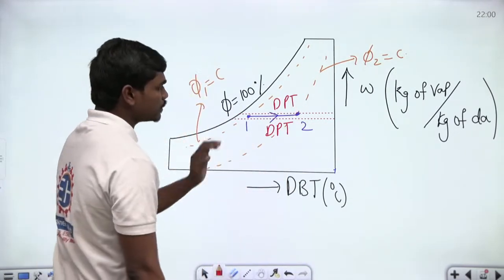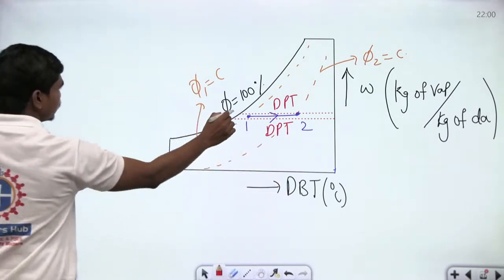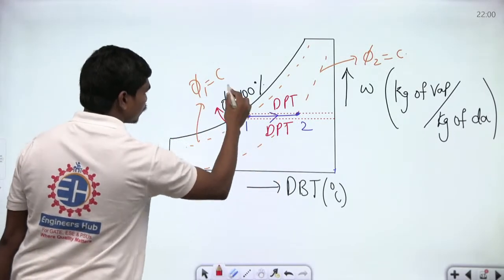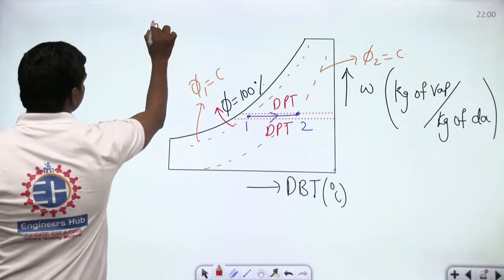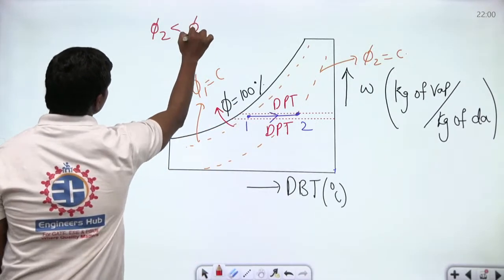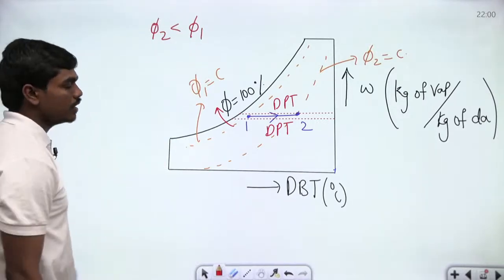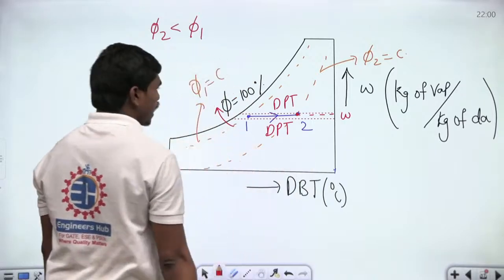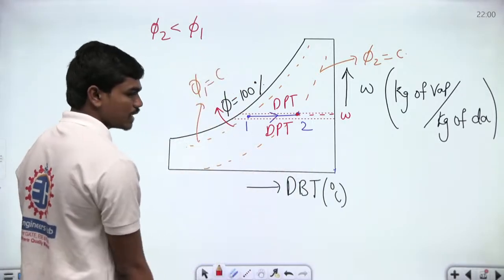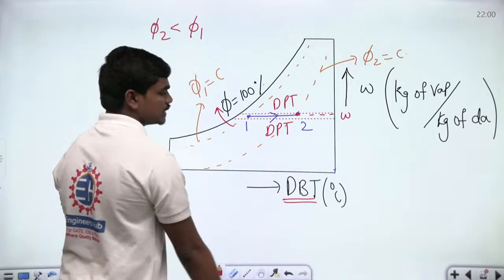Now, if this is sensible heating, one thing that we can tell here, this is phi equal to phi 1, and this is phi equal to phi 2. So phi 2 is less than phi 1, so your relative humidity doesn't remain the same. But you can see there is no change in omega. So your omega remains the same, and of course your dew point temperature also remains the same. But your dry bulb temperature doesn't remain the same, correct?